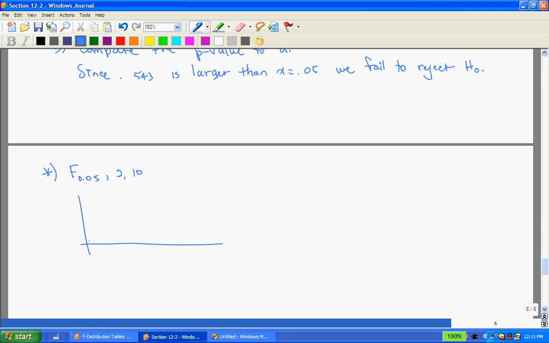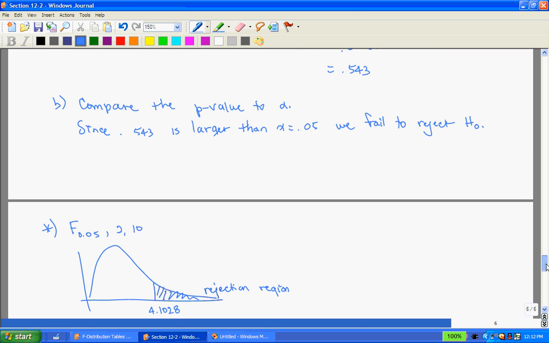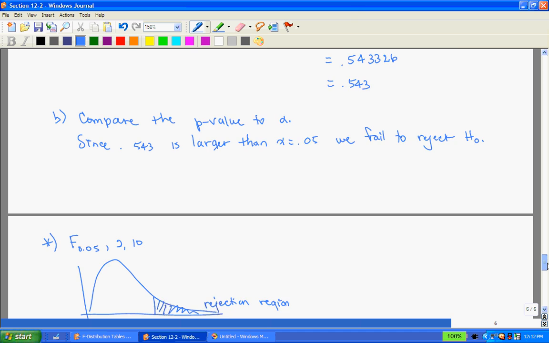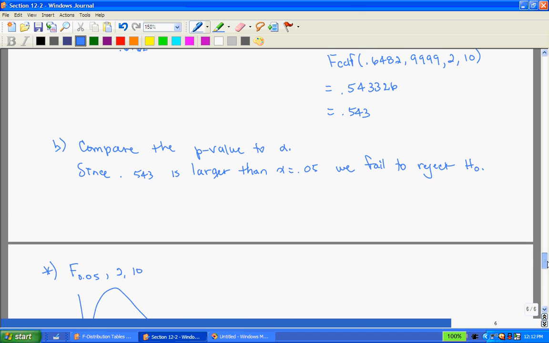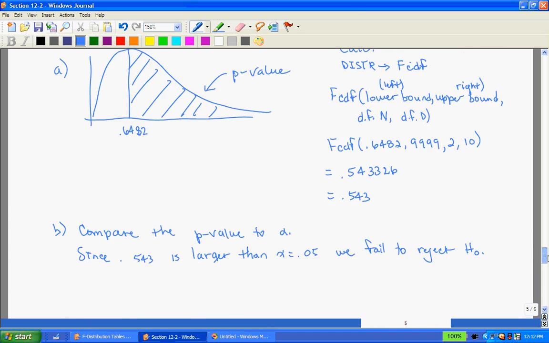If you think about your picture, skewed in the tail, 4.1028, and this would be the rejection region down here. So this is the traditional way of doing it if the p-value is a little bit confusing to you. And you can always do this even if it's not asked for. So we're supposed to compare what we got for our F value to that 4.1028.